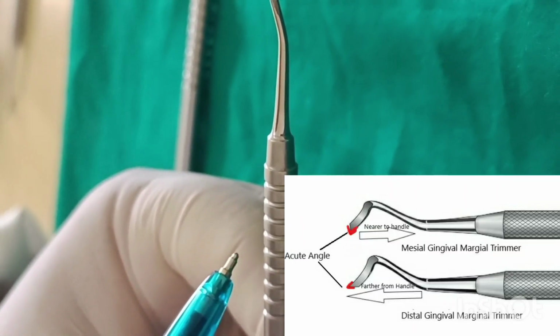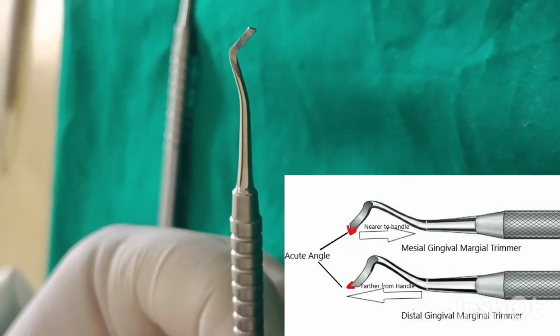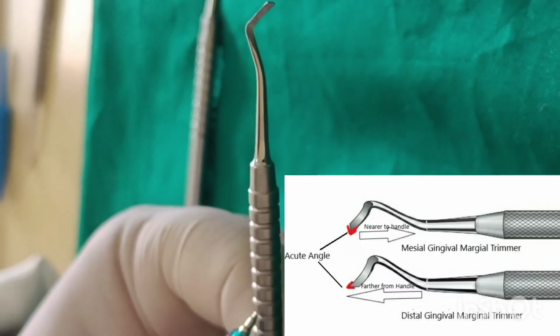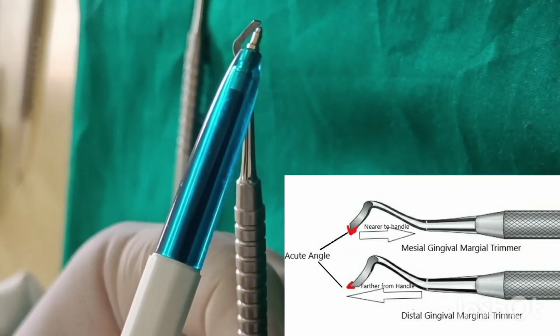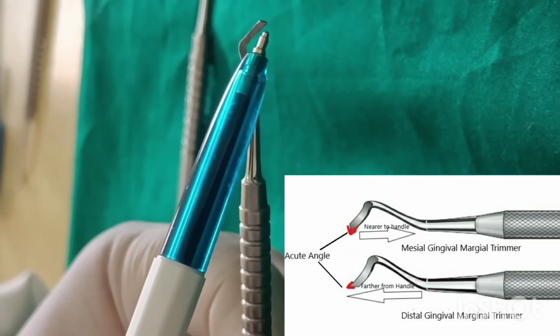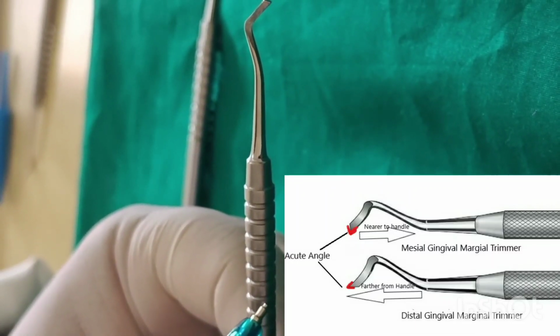In mesial GMT, the acute angle at the end of the cutting edge is nearer to the handle. So it is a mesial GMT.